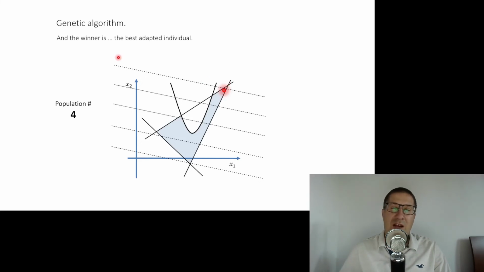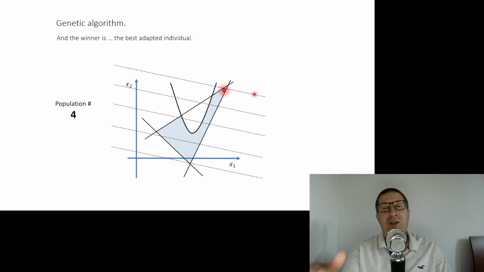And talking about this function, the function that tells us how well adapted we are to the environment, it can be created by someone else. We might not know the form of this function. In this case, we can use the genetic algorithm.